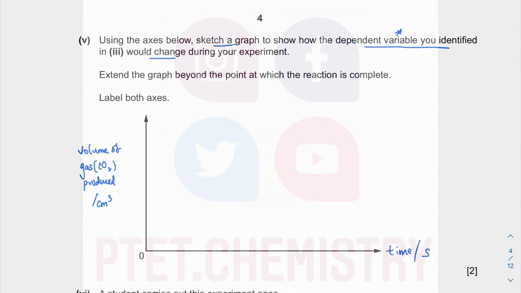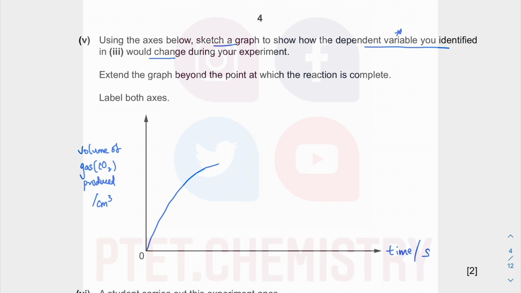If I just put it down in seconds, at regular time intervals we're going to monitor the volume of gas produced in the gas syringe, and at time 0 you have nothing added. Let me just show it better.